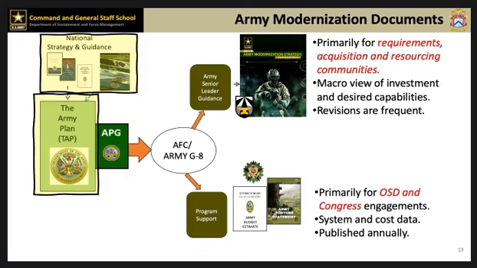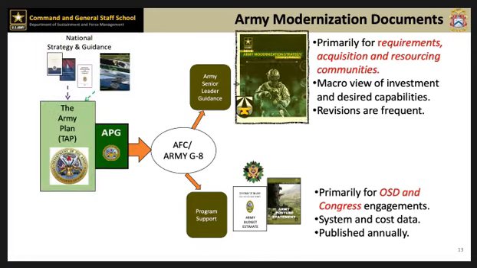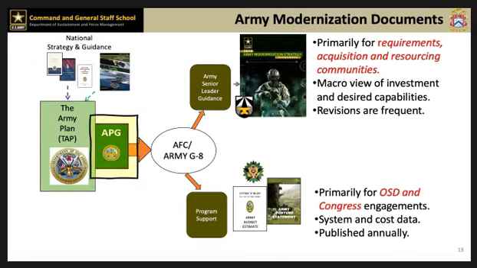The Army G8 and ASALT provide more refined guidance through the Army Modernization Strategy and the Army Modernization Guidance, which is published annually as an annex to the Army Planning Guidance, APG, document as part of the Army Plan.